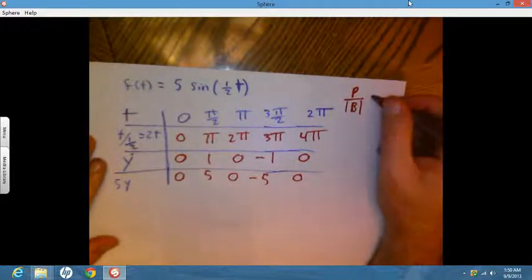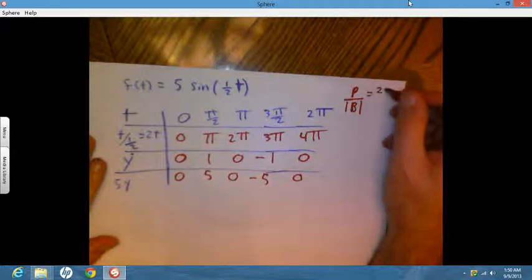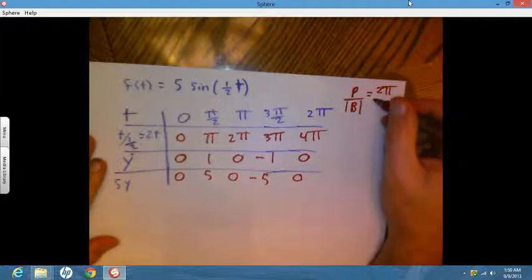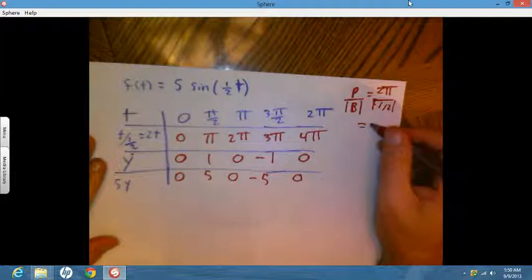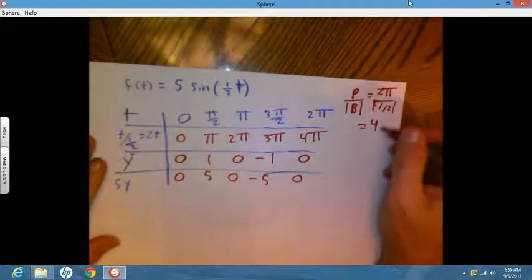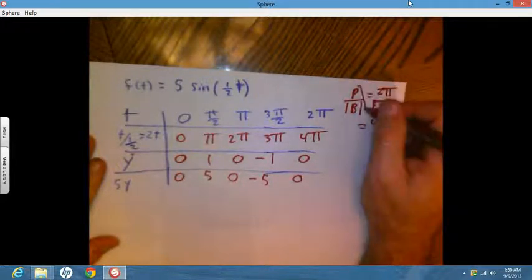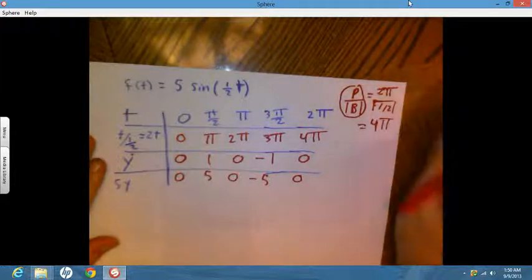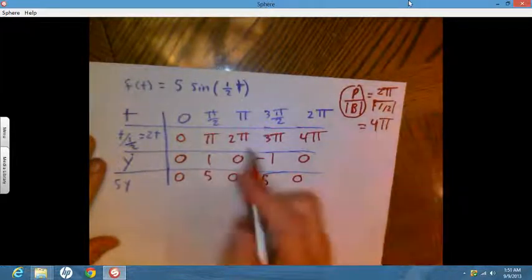Okay, so this is an important formula. The period of your new function when you have a b other than 1 is going to be the period of the old function, which in this case is 2 pi. For the tangent and cotangent, it's just going to be pi. And we're dividing by the absolute value of b, which is 1/2.